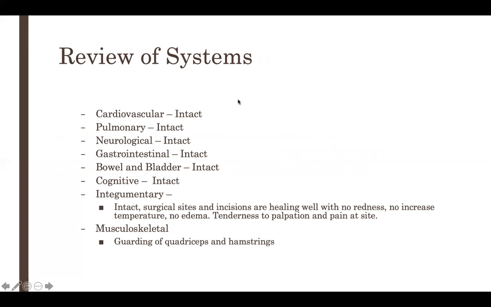For the review of systems, the following were intact: cardiovascular, pulmonary, neurological, gastrointestinal, bowel and bladder, and cognitive.